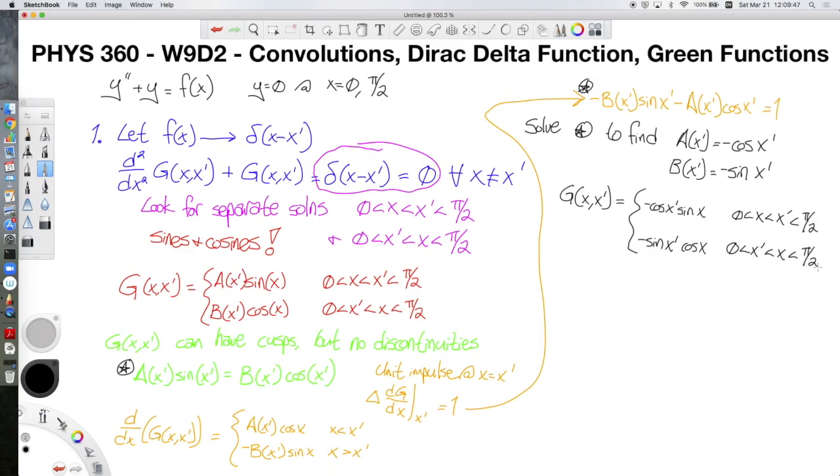Now, it might not seem like it, but we're actually kind of done here. So now we can just write the following. We can find the solution y of x by the following integral.